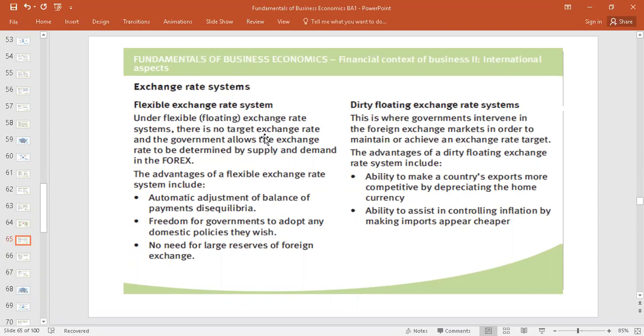The advantages of a flexible exchange rate system include automatic adjustment of balance of payment, then freedom for government to adopt any domestic policy they wish, and no need for large reserves of foreign exchange.